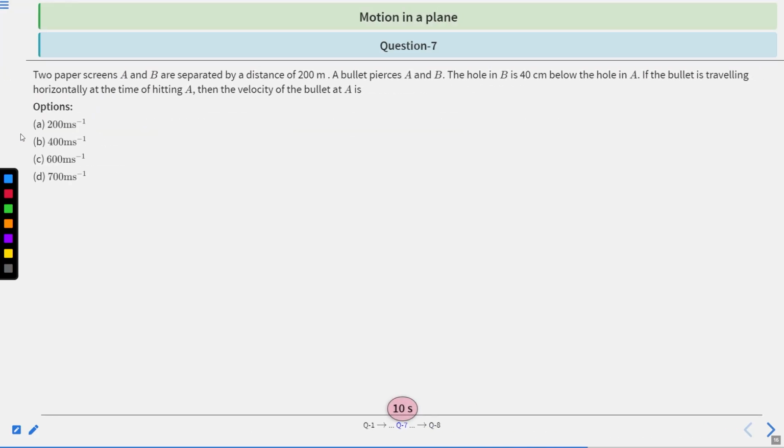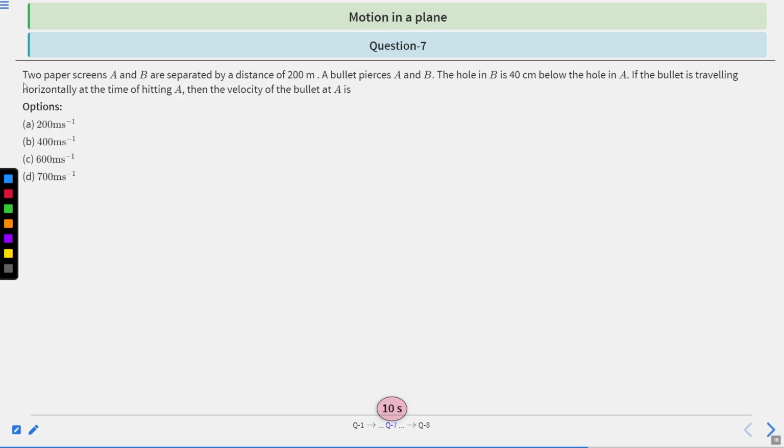Next question, seventh question. Two paper screens A and B are separated by a distance of 200 meter. A bullet pierces A and B. The hole in B is 40 centimeter below the hole in A. If the bullet is traveling horizontally at the time of hitting A, then the velocity of the bullet at A is what?